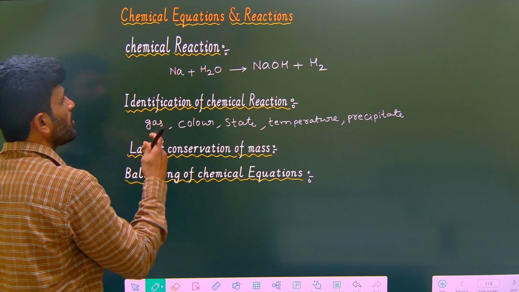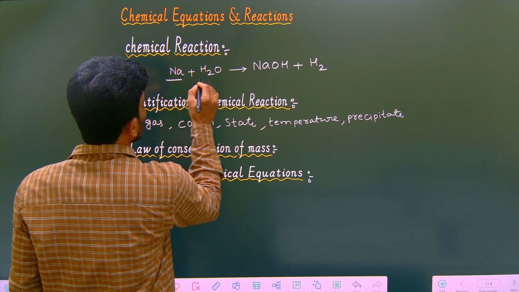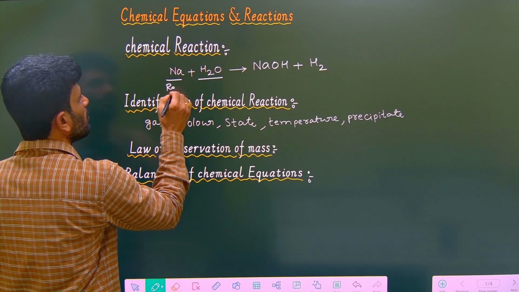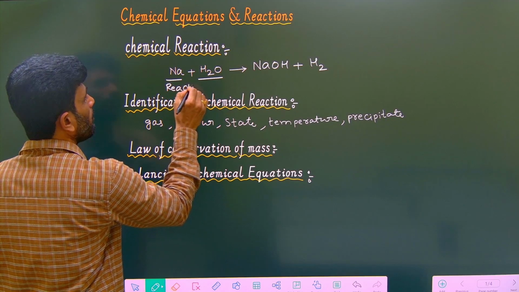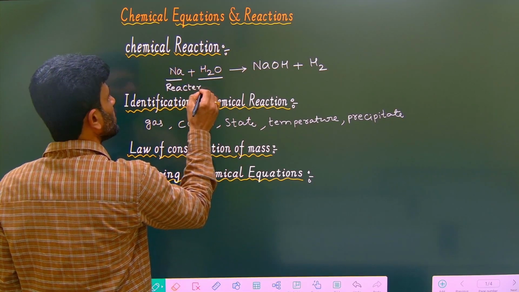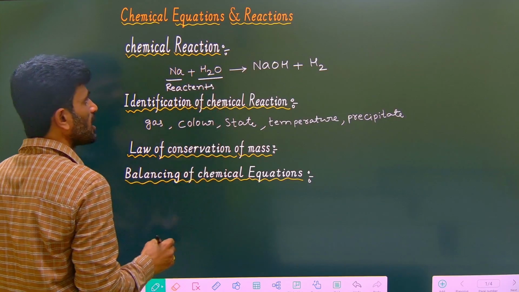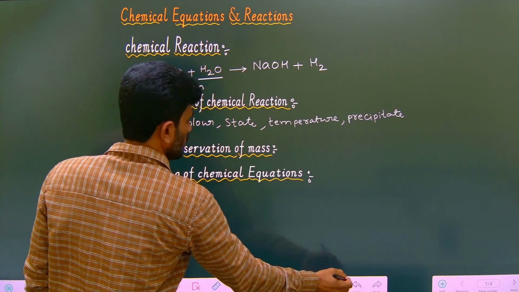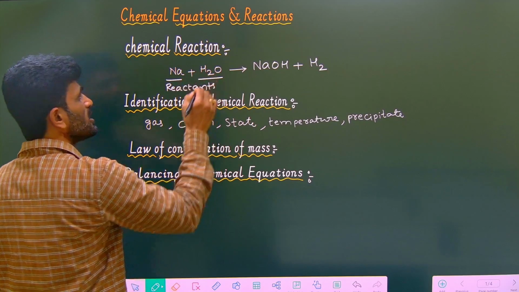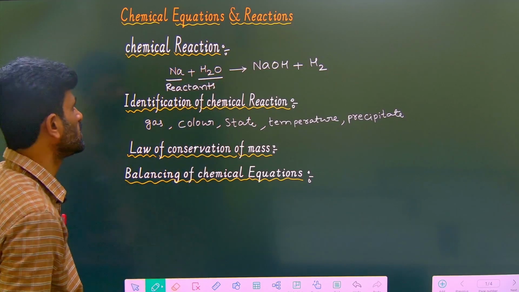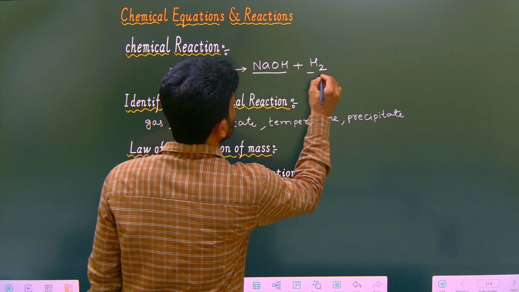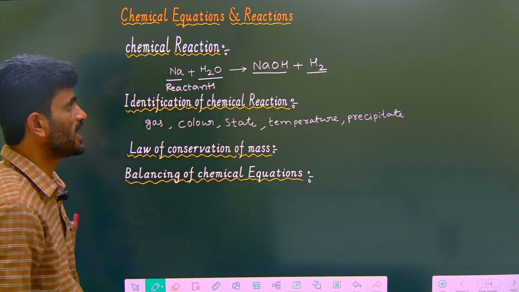Before the arrow mark, whatever substances we have, we call these substances reactants because they are participating in the reaction. Substances which are participating in the reaction are called reactants. These two are reactants. After the reaction, sodium hydroxide and hydrogen gas are formed.